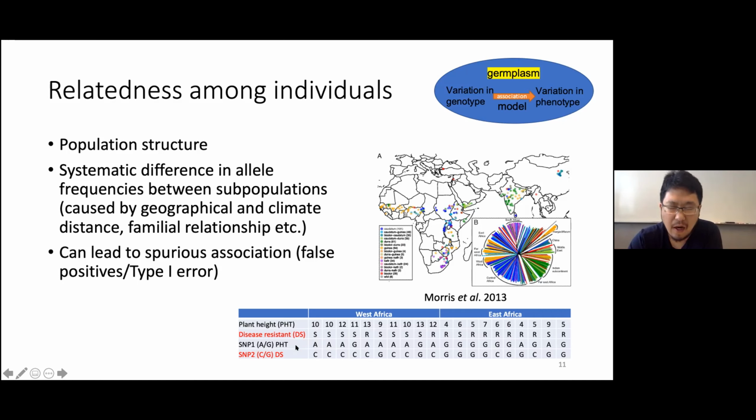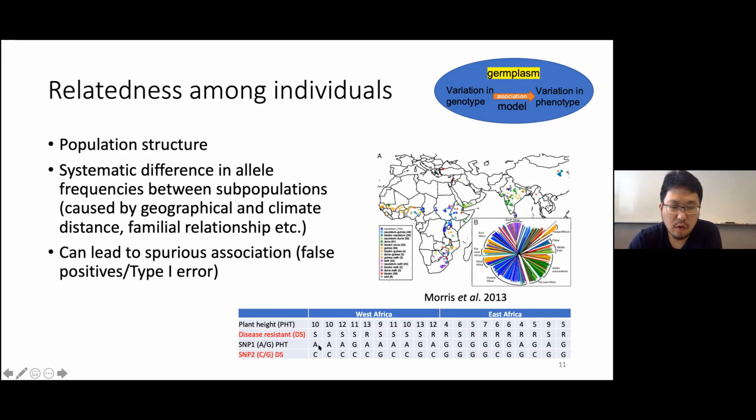And there's another SNP called SNP2. This SNP is underlying the trait of disease resistance. The C allele is more enriched in the West Africa lines, and the G allele is more enriched in the East Africa subpopulation. And now, if you're only studying plant height, you want to conduct GWAS for the trait plant height using this population containing these two subpopulations.